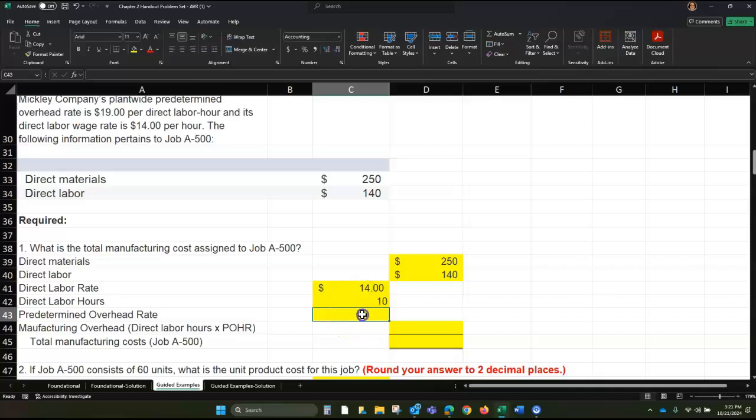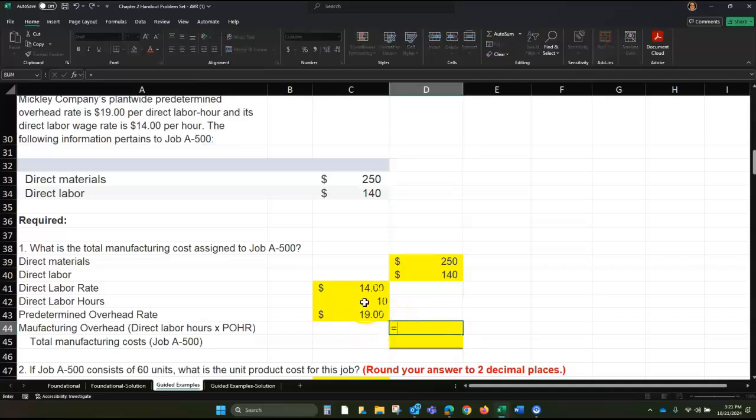Our predetermined overhead rate is 19, so how much is the applied overhead? 190. We just grab those 10 labor hours times that 19. We could hit sum or we could hit pluses, either way, and we get $580 in total manufacturing costs.